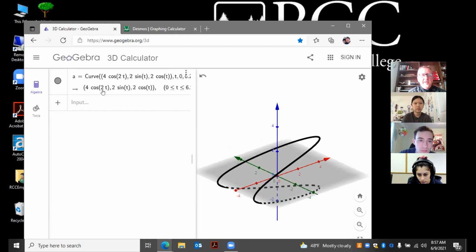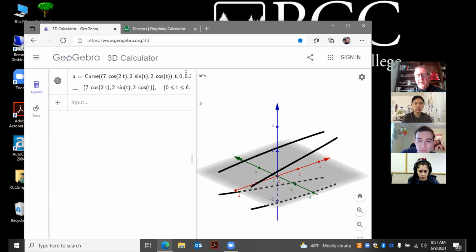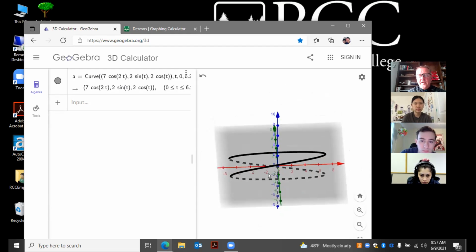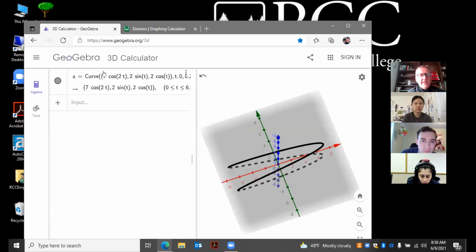Now let's just play a little bit before we go away from here. I wonder what's going to happen if we take this 4 right here and make it a 7. Wonder what that does. 7 times longer, a little bit skinnier. So that's maybe not super surprising. I wonder what happens if I come in here and change this to a 4.